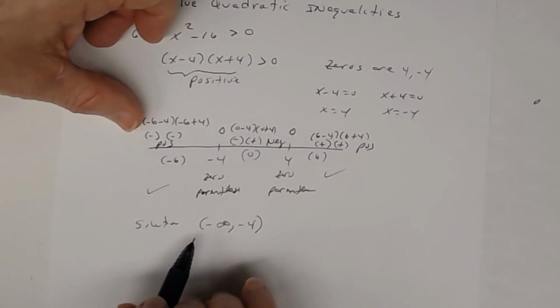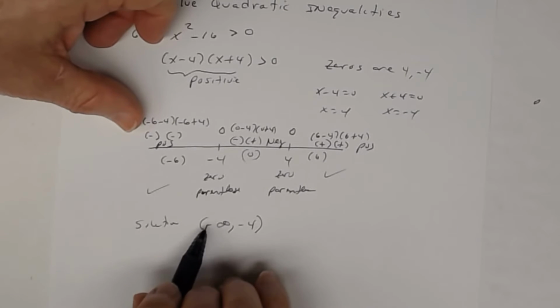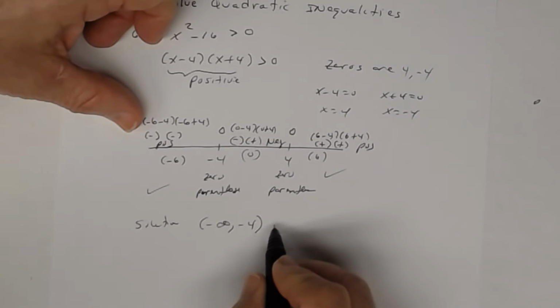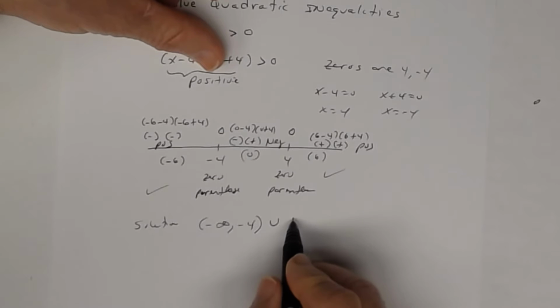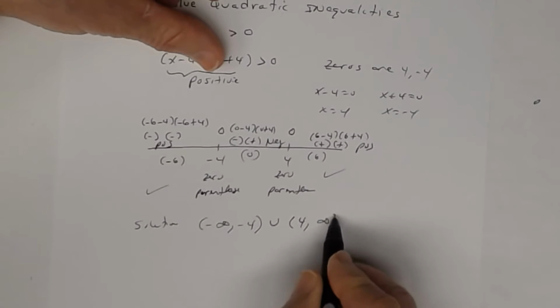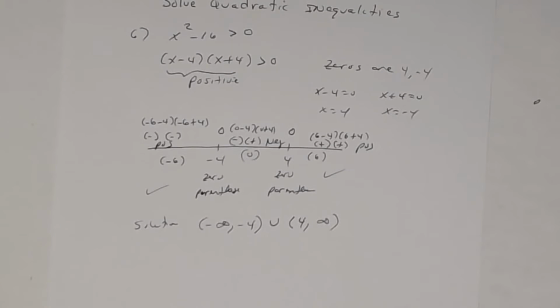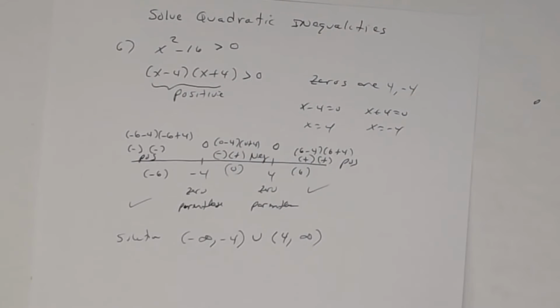Whenever you use infinity or negative infinity, you always use parentheses, never a bracket. Then you use the union symbol, and the next interval is from 4 to infinity, so parenthesis 4 to infinity. And that's it. That is number 6. Very simple. Not difficult at all.